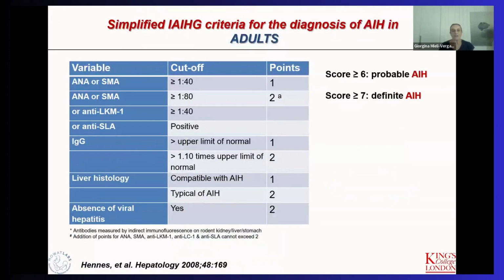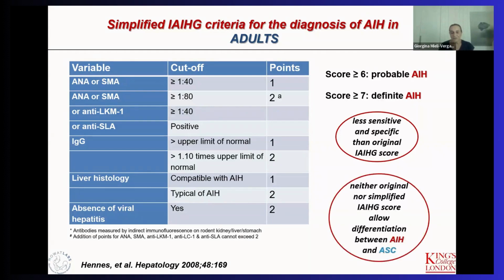For this reason, there was a publication of the simplified International Autoimmune Hepatitis Group criteria in 2008, which are very simple and you can use very simply at the bedside, but they are much less sensitive and specific than the original score, particularly when the patient presents acutely, and neither the original nor the simplified IAIHG scores allow the differentiation between autoimmune hepatitis and autoimmune sclerosing cholangitis.